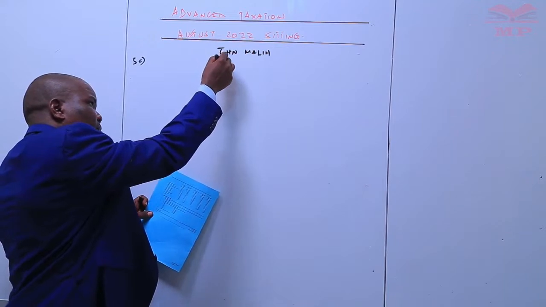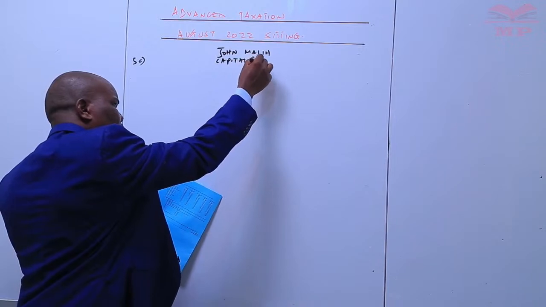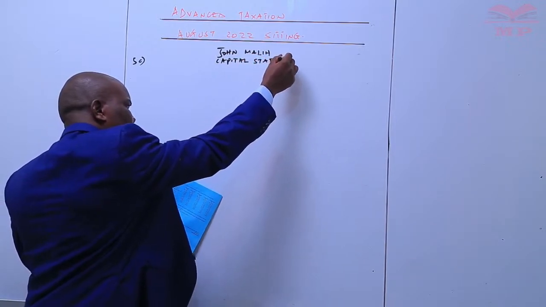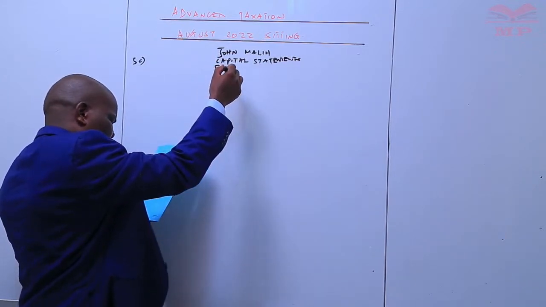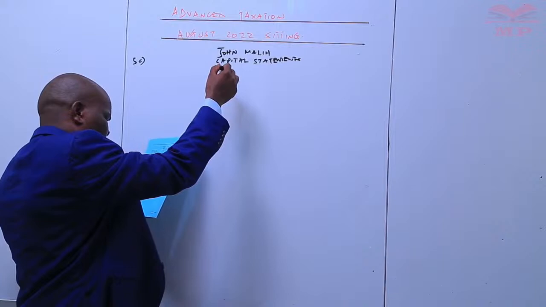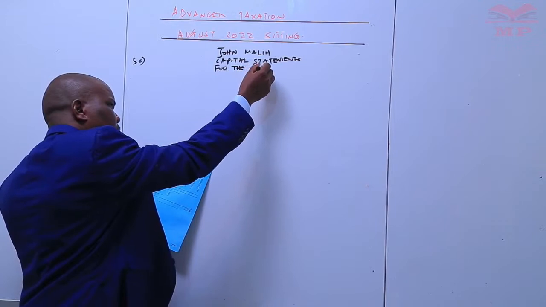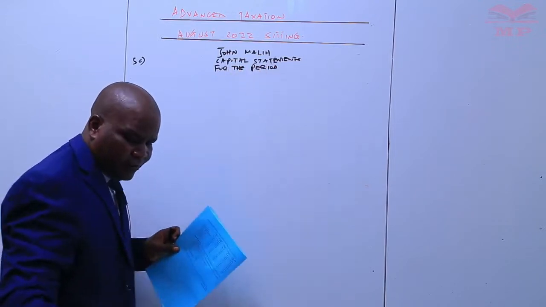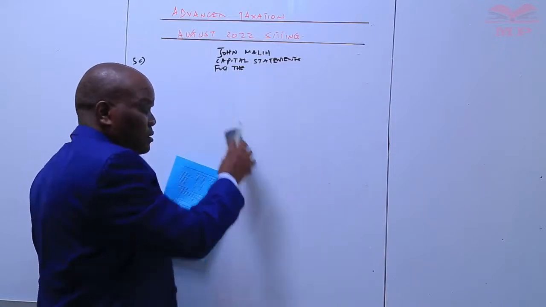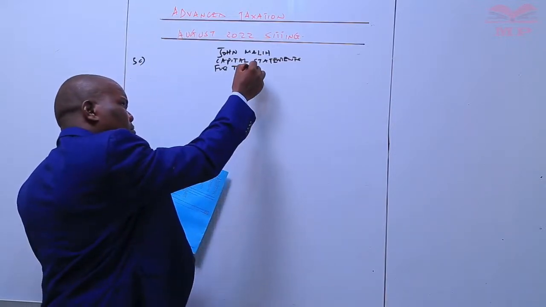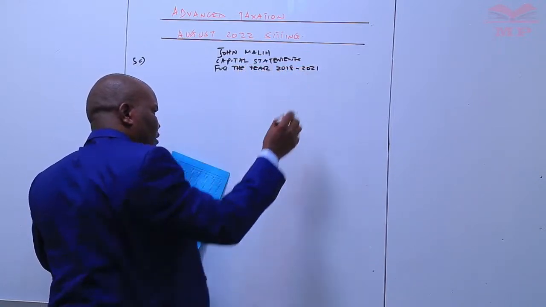We are preparing a capital statement for the period, or rather we can say for the year. In this case, the periods are in years. Let's say for the year 2018 to 2021.